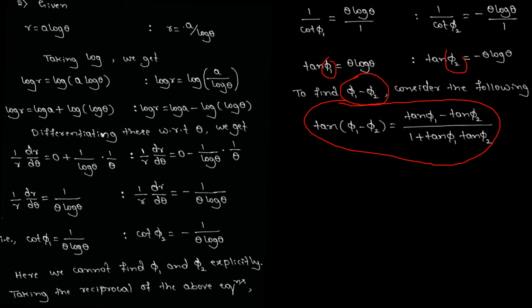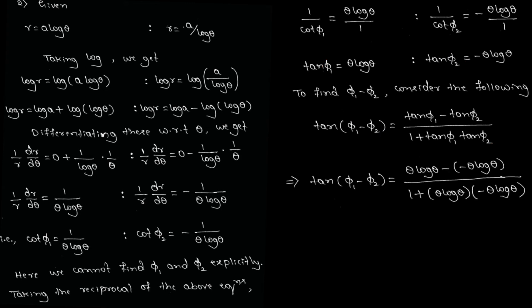What this formula says is the formula for tan of a minus b. Now by substituting the values of tan phi 1 and tan phi 2 in this formula, we get these things in the RHS.